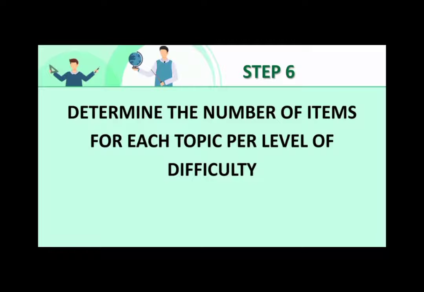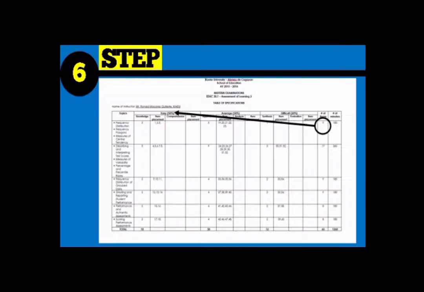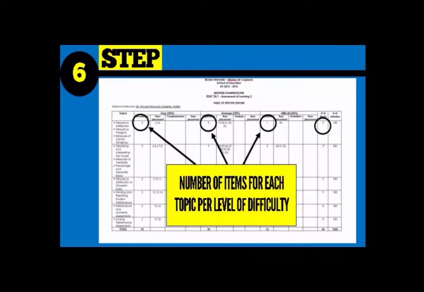Step 6. Determine the number of items for each topic per level of difficulty. Formula: multiply the allotted number of items per topic with the level of difficulty. Number of items per each topic per level of difficulty.